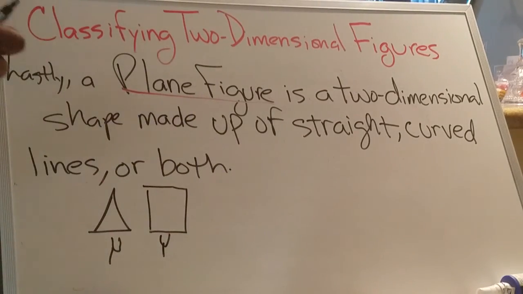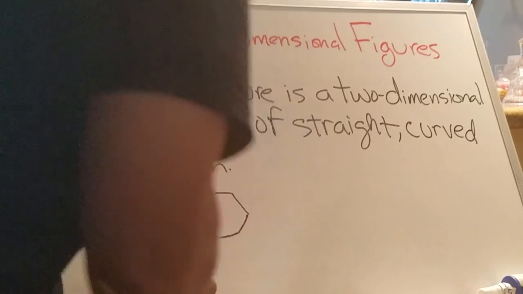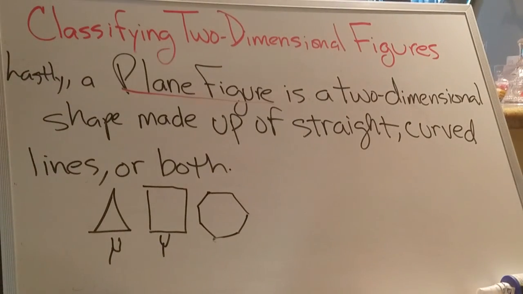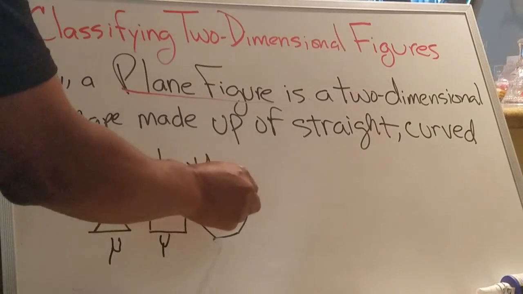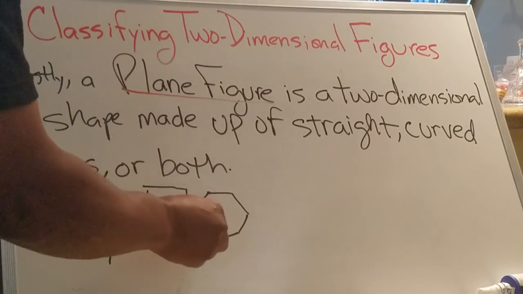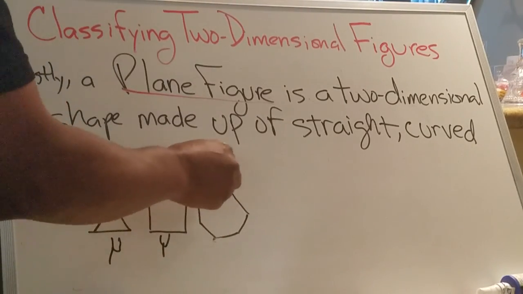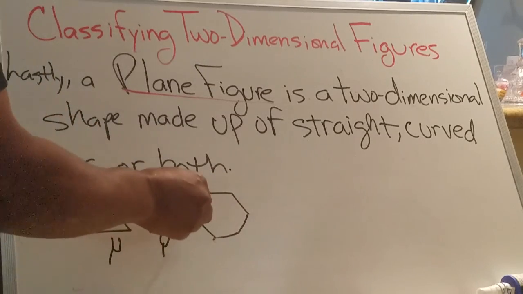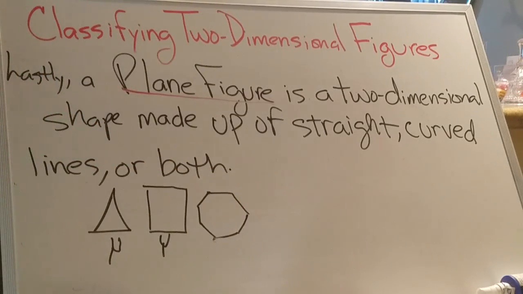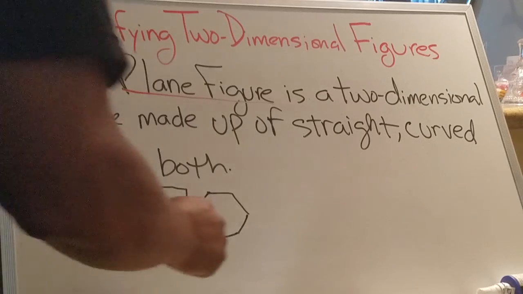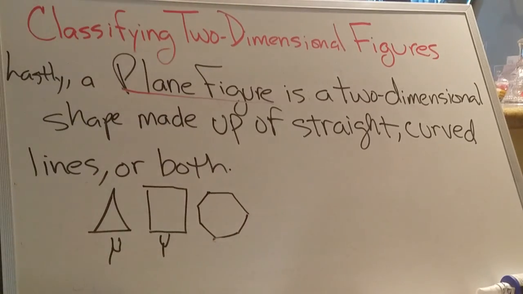Let's get a little more difficult. Is that a hexagon or octagon? I think that's an odd. How many sides? 1, 2, 3, 4, 5, 6, 7. That's 7. Running out of time here, I'm sorry.